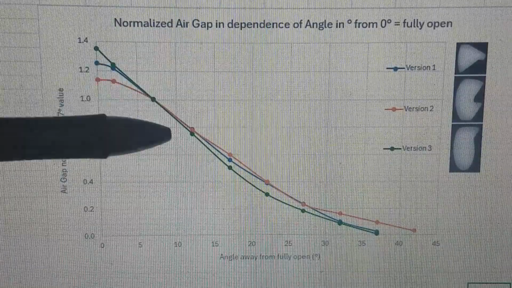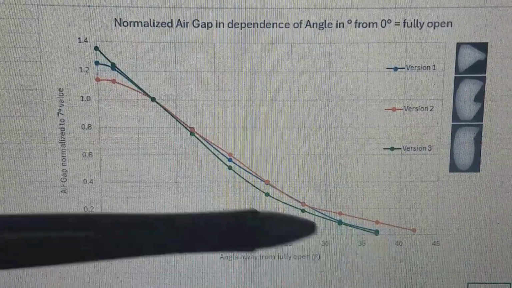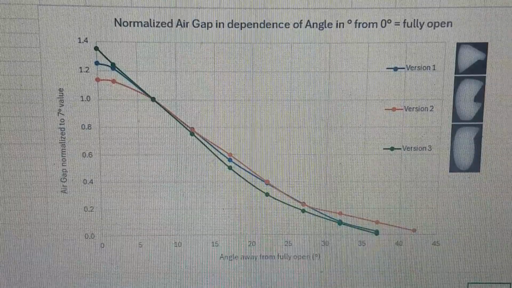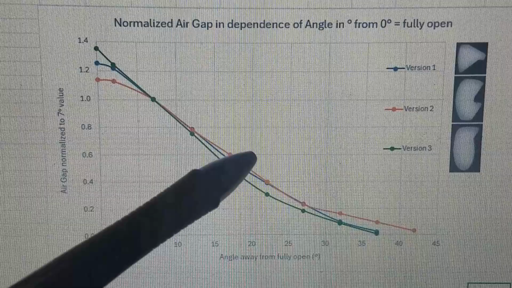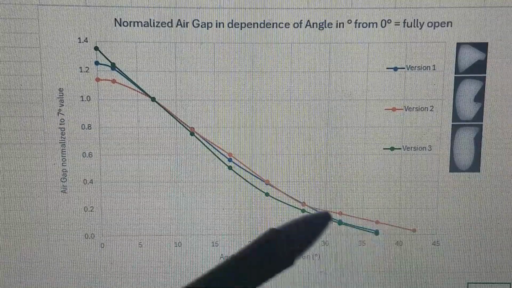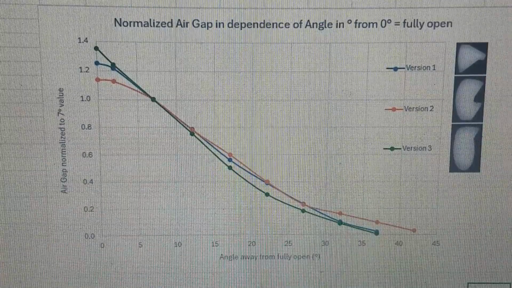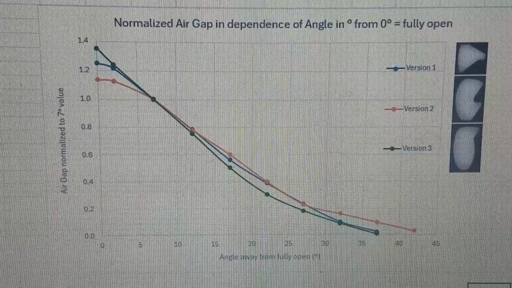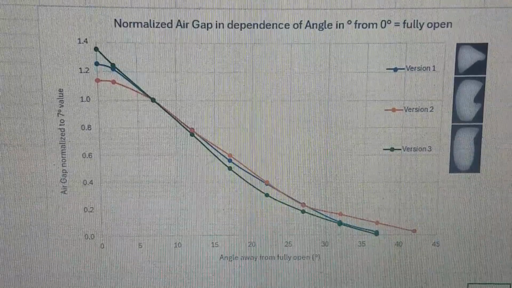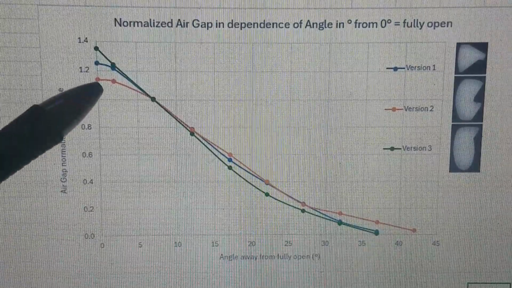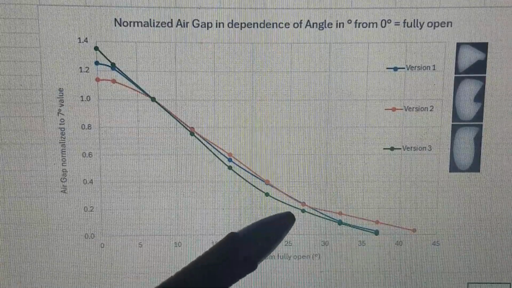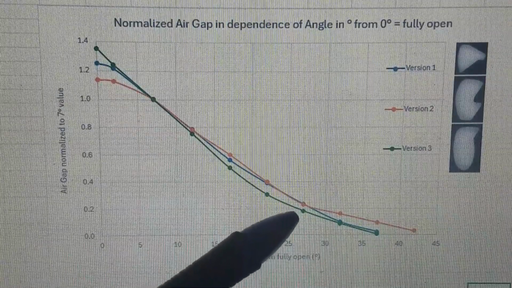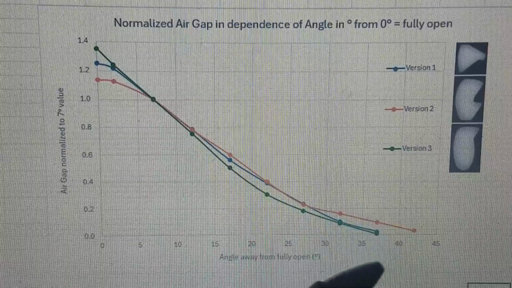Once again, you can see the green curve just going smoothly down to 0, while it's very obvious that version 2 has these two distinct regions in terms of slope. So that would mean you have an initially large air gap, it's being kept, then it goes down, and then while the engine is warming up, it's being kept open a little longer than the other two.